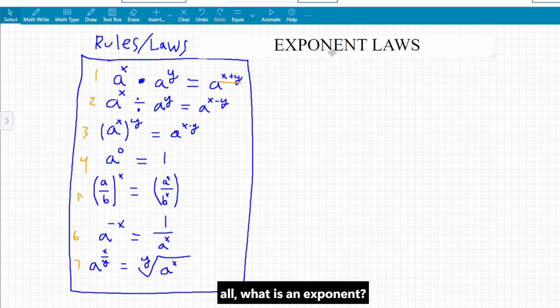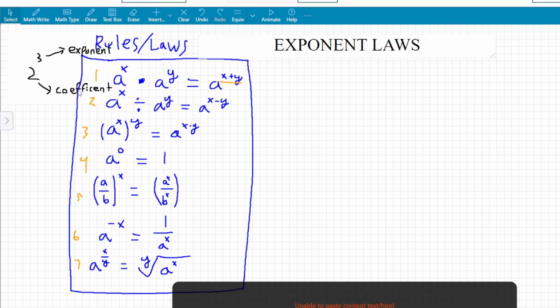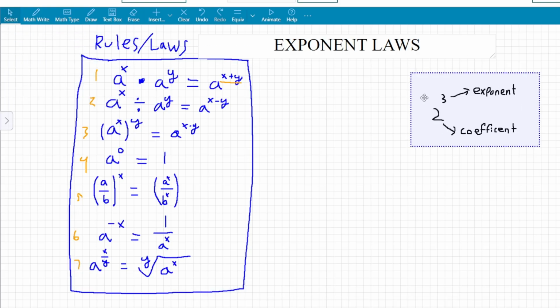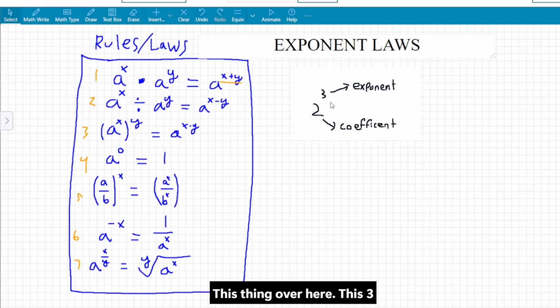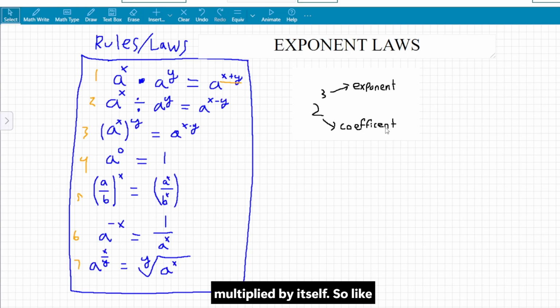First of all, what is an exponent? An exponent is basically this thing over here. This 3 is what we call an exponent. It basically tells us how many times a number is multiplied by itself.